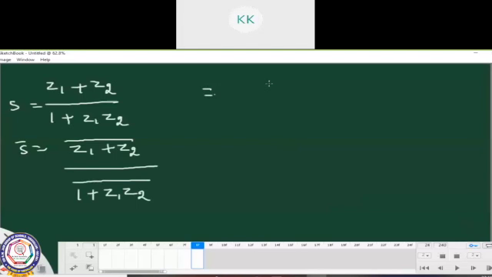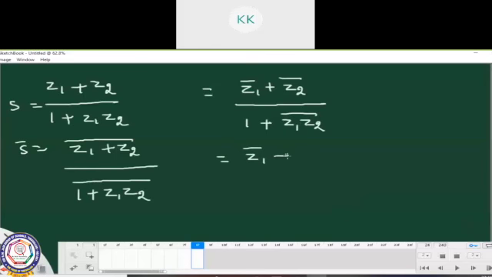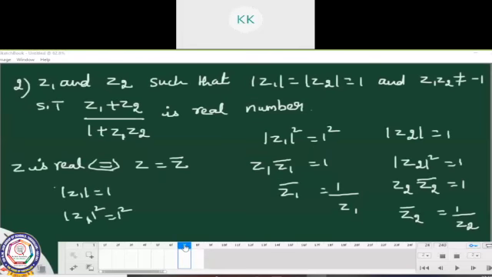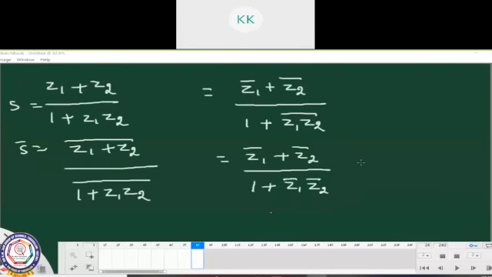Okay, so it gives Z1 bar plus Z2 bar divided by 1 bar, which is 1, plus Z1 Z2 bar. So it gives Z1 bar plus Z2 bar by 1 plus Z1 bar into Z2 bar. You replace the value of Z1 bar by 1 by Z1 and Z2 bar by 1 by Z2.